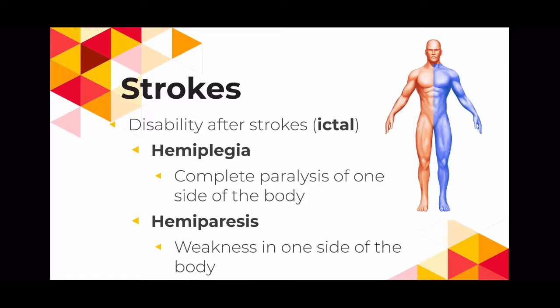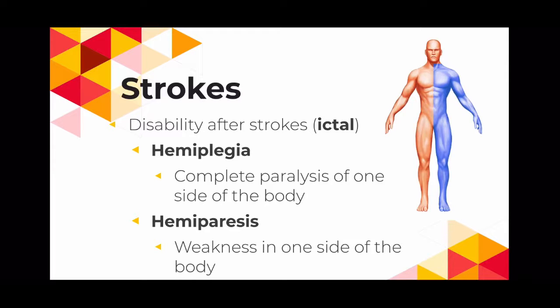This is called hemiplegia and is also one of your words. So if you look at that word, that root hemi means half. So hemiplegia is where you have complete paralysis of one side of your body.